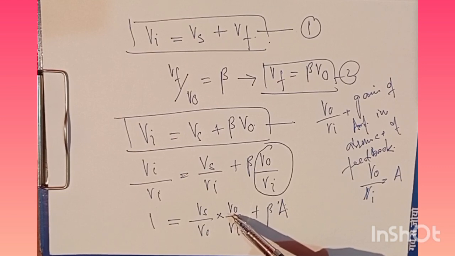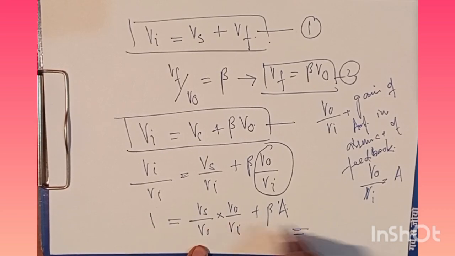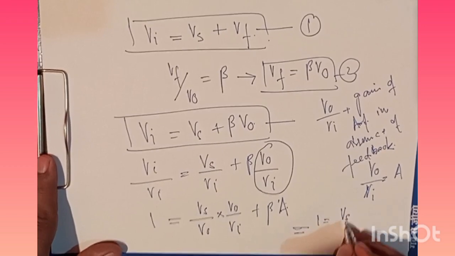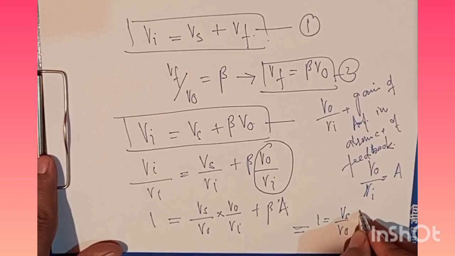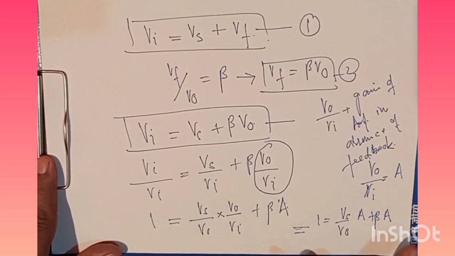Now this V out by Vi, it's understood it is A. So I can write 1 equals Vs upon V out into A plus beta A.